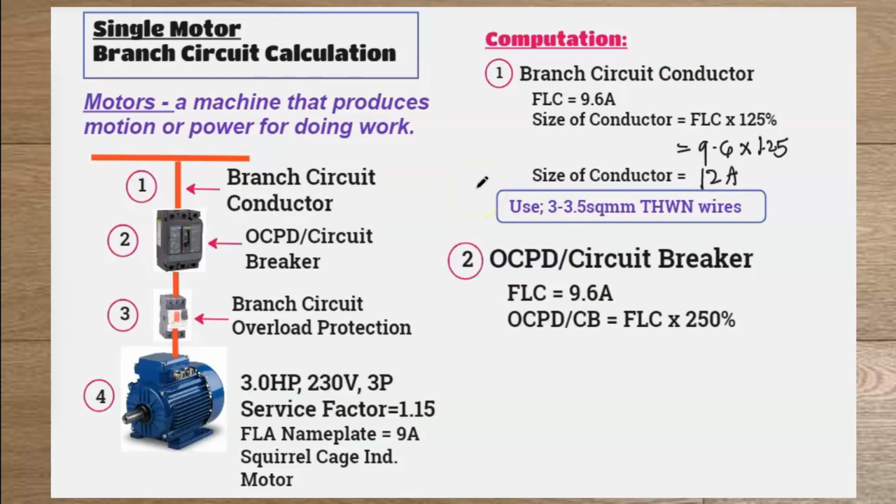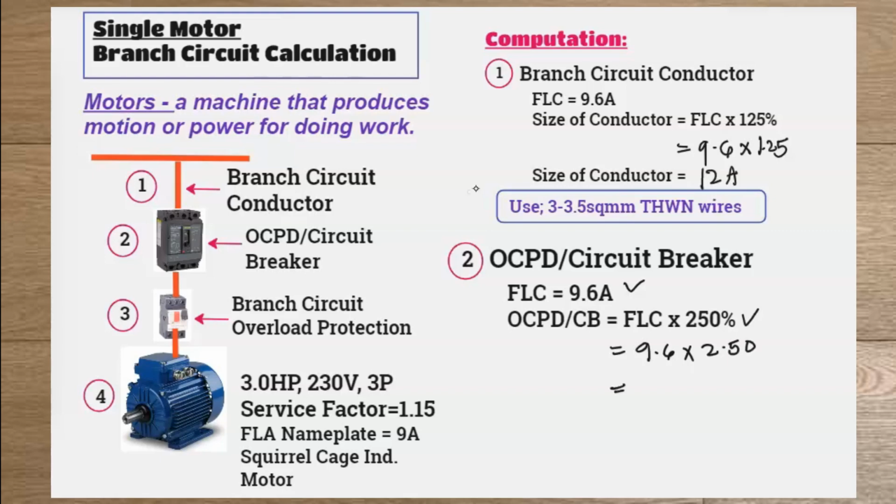Based on the table earlier, for our ground fault protective device, the full load current expressed in amperes is multiplied by 250%. So let's solve. Our full load current is 9.6, then let's multiply by 2.50.